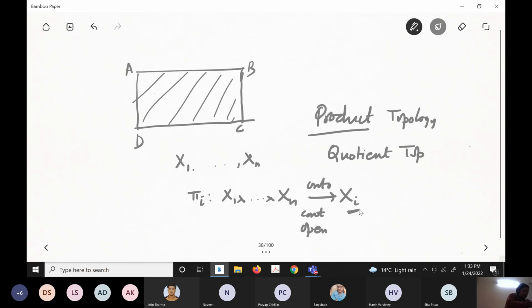So these are the factor spaces. That means each factor space is one of the finest examples of a quotient: each factor space is a quotient space of the product space.